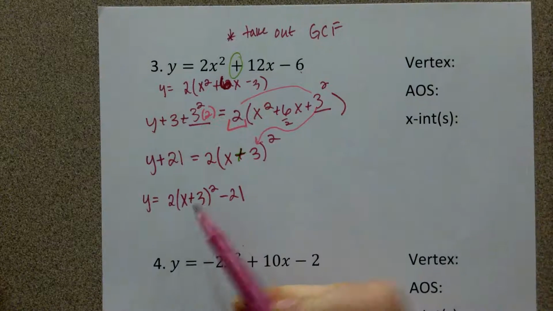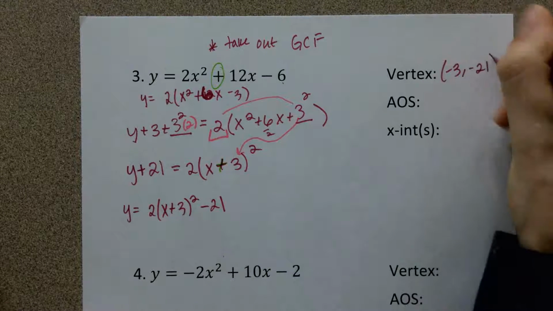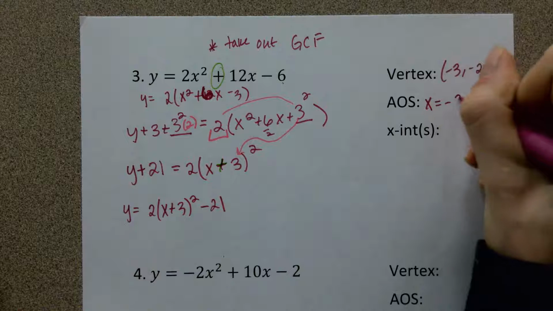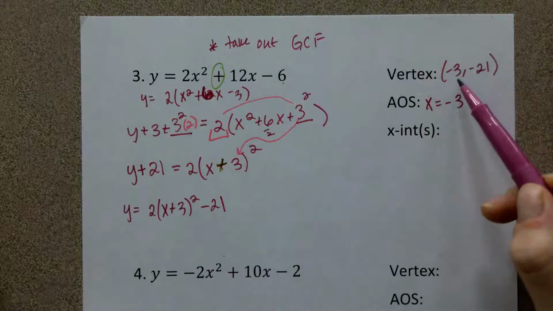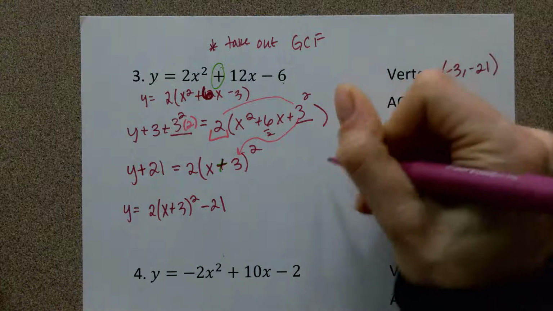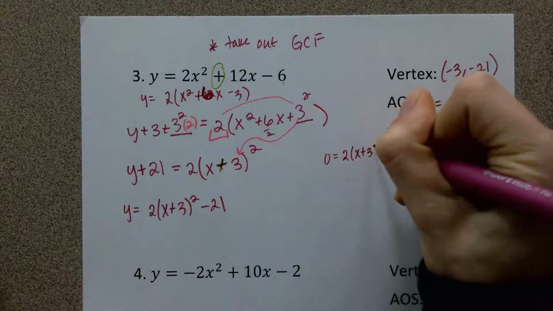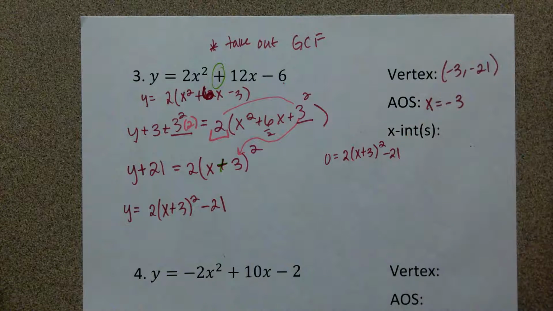So then looking at this, our vertex is going to be opposite of h comma k. Our axis of symmetry is going to be whatever our x value is in our vertex, and our x-intercepts are going to be found by setting y equal to 0 and solving.